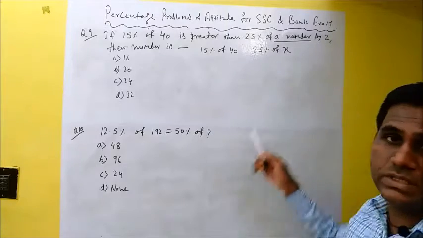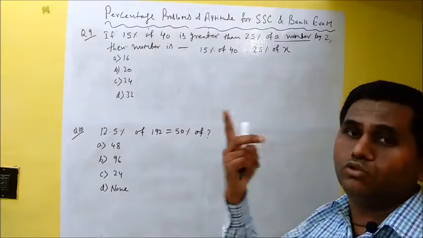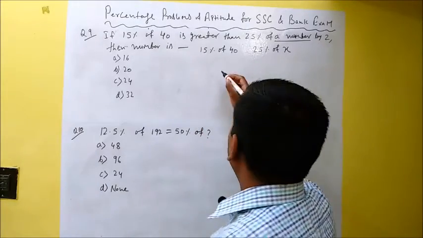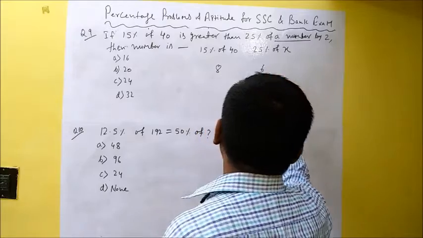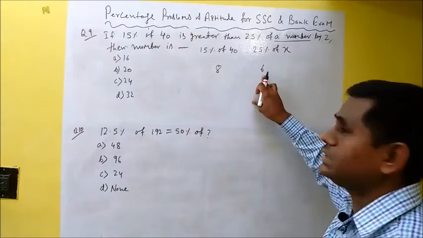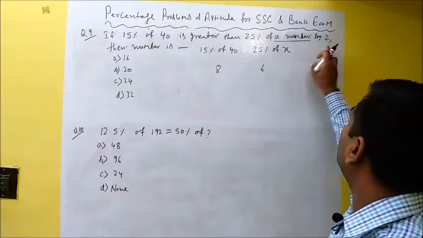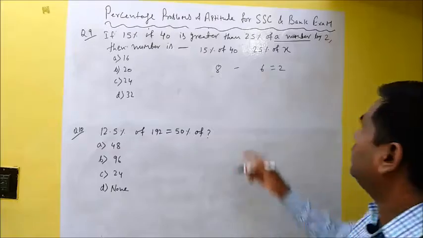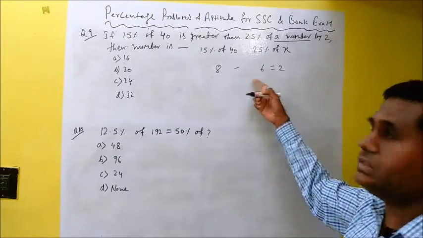Okay, how much greater is it? It is greater by 2. If you assume, say, this is 8 and this is 6, then 8 is greater than 6 by 2, right? So we can write 8 minus 6 is equal to 2. This is the equation, LHS is equal to RHS.